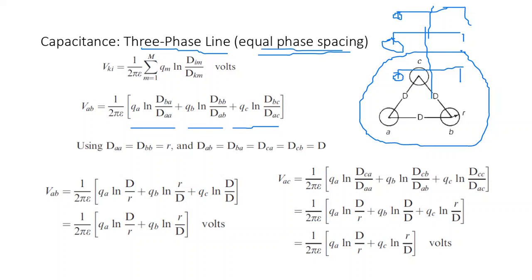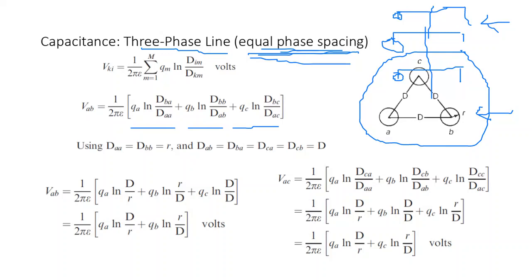They have unequal phase spacing. And it's easy to construct a tower like this. But it's difficult to have a tower that has one up, and it becomes more expensive. Therefore, we don't have towers like these. It's just an introduction to equal phase spacing.